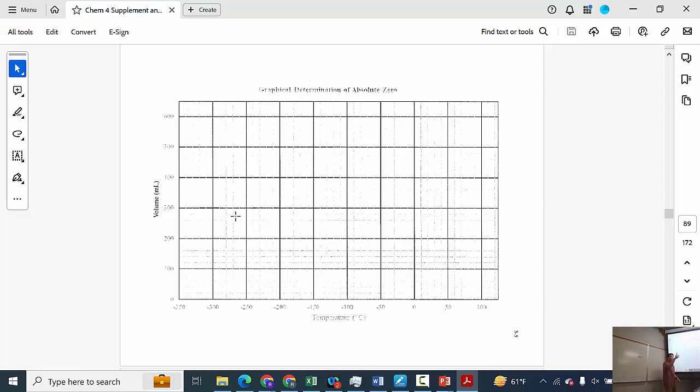Maybe their finger wasn't there, or maybe they didn't seal it tight enough, or maybe they didn't allow it to equilibrate or suck in the water. Anything close to -273 is great. Hopefully you don't have to add another sheet. Hopefully it doesn't go beyond -350. But these are impossible temperatures. You know, the temperature will just go here because the volume goes to 0. The smallest volume we can have is 0.